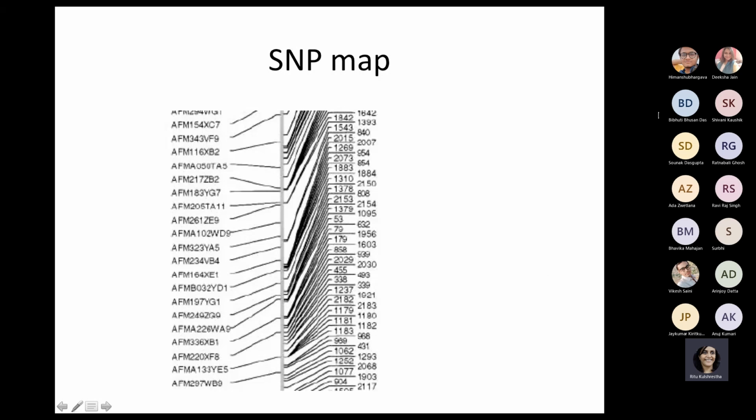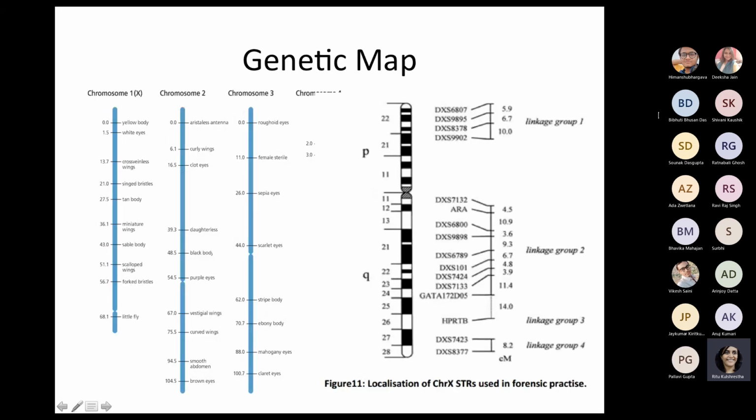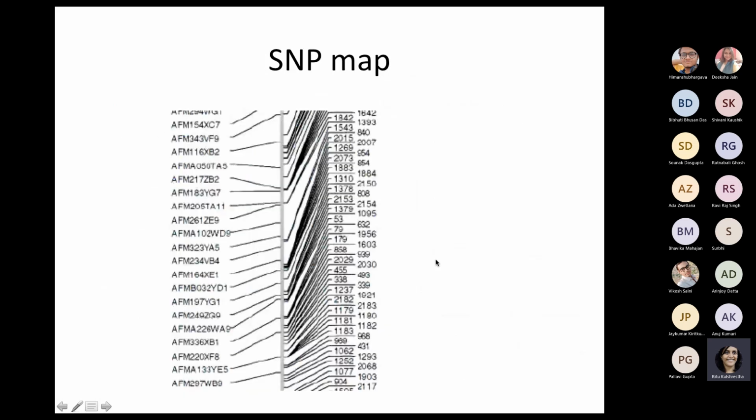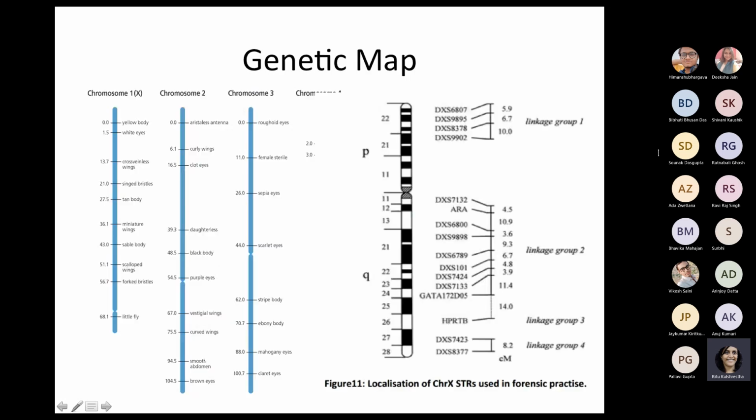So you can understand that through these various maps, if you put them together, you will still have a lot of idea that, okay, yellow body comes after DXS 6807, and then white eyes come, then maybe some SNP from this comes. So if you put all these together, you definitely have a lot of idea that these things should be in continuation to each other.